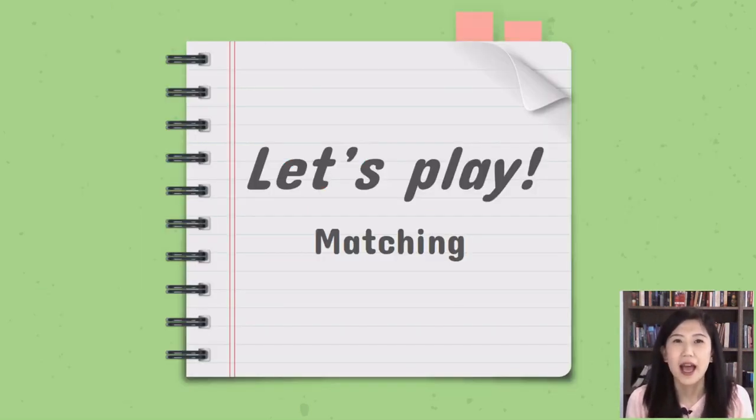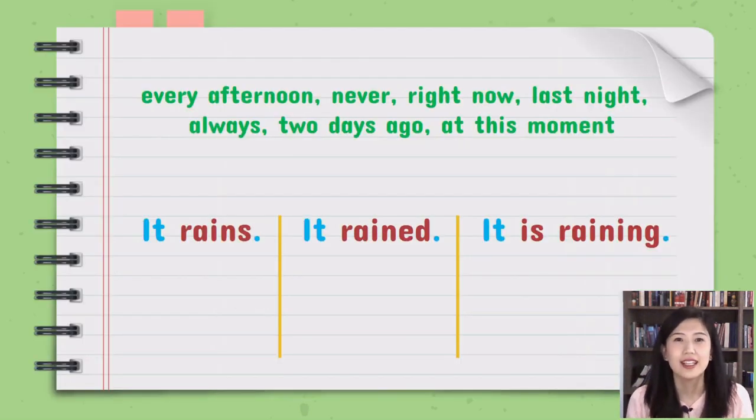Another quick game, matching. Super simple. Look at the green words here that indicate time. Now, categorize them to each column. For example, let's do the first one together. If something happens every afternoon, is it a fact?